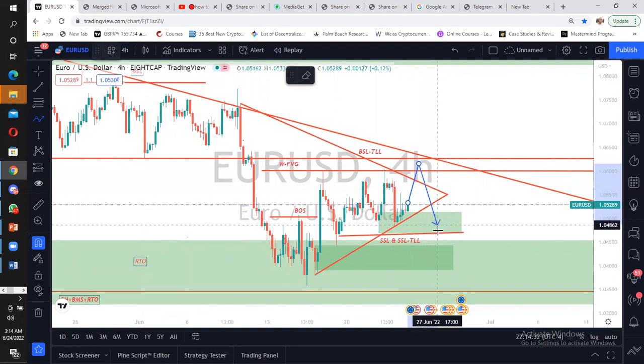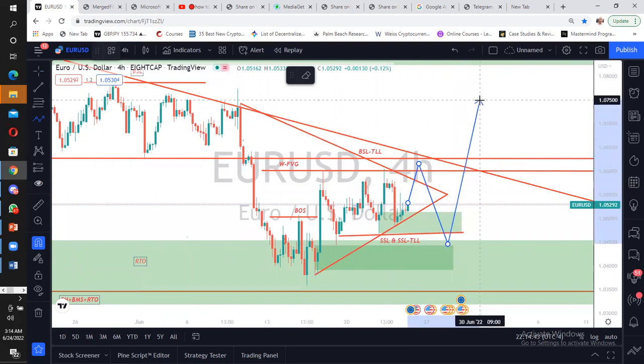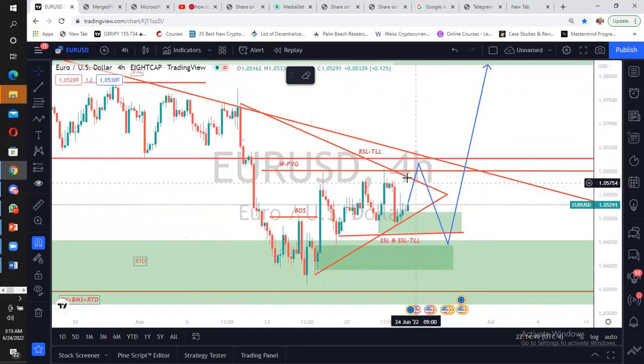pull back down to flush this liquidity down here, get mitigated by this block and find its way up, removing both the daily trend line and this daily trend line.